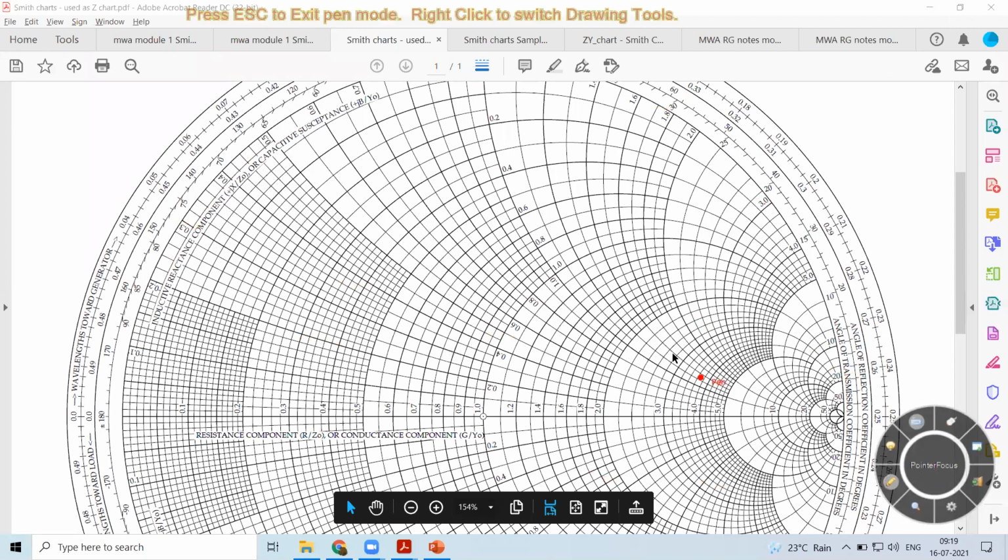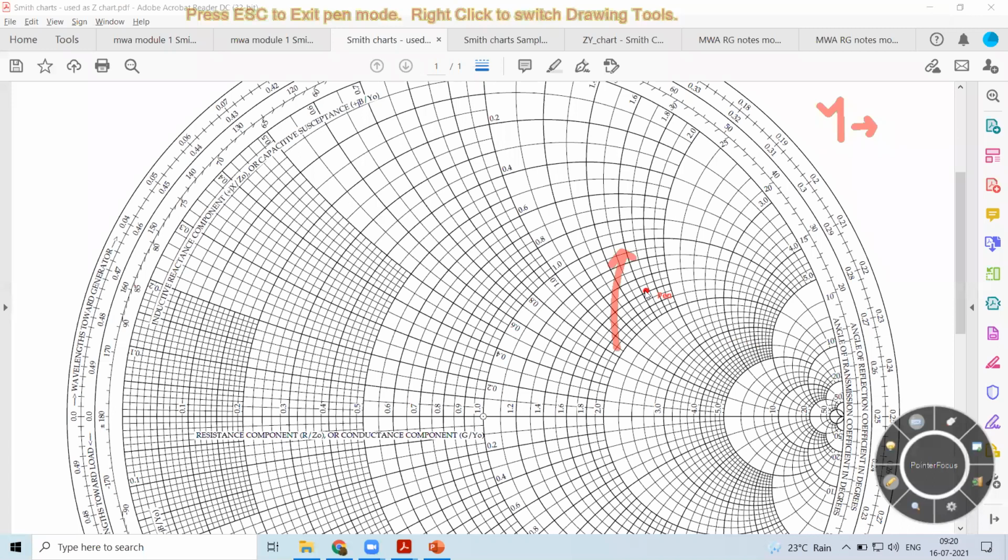If I'm using the same chart for plotting as an admittance chart, that is the Y chart, this will be used for plotting the positive reactance values and this for negative reactance values. But in admittance, you have it as 1 by z.